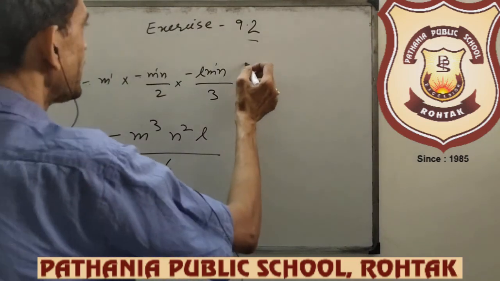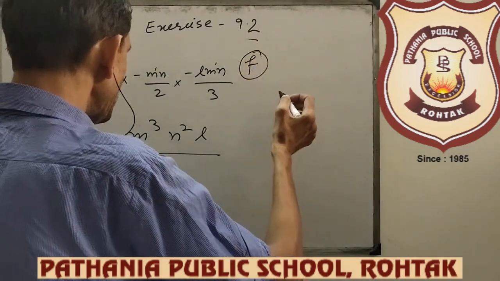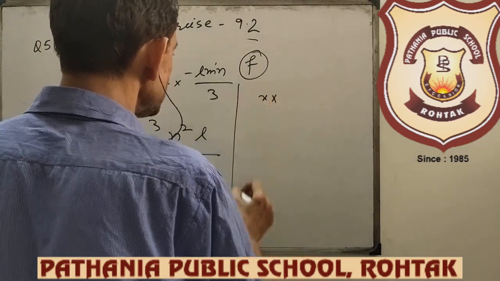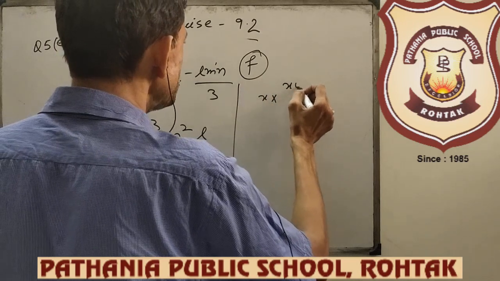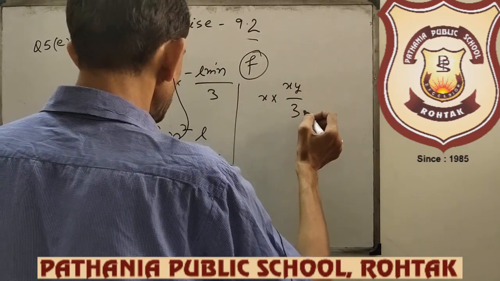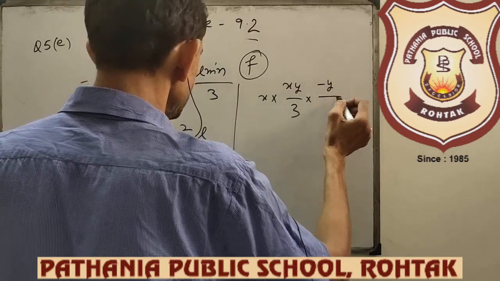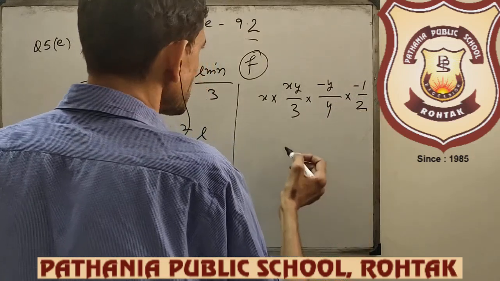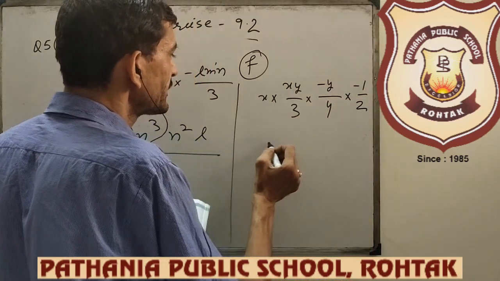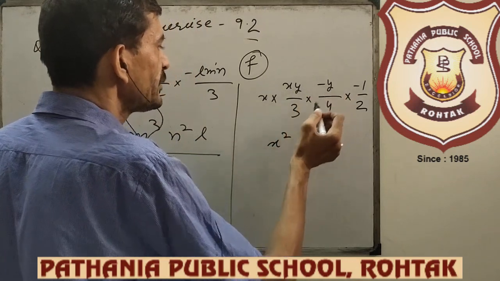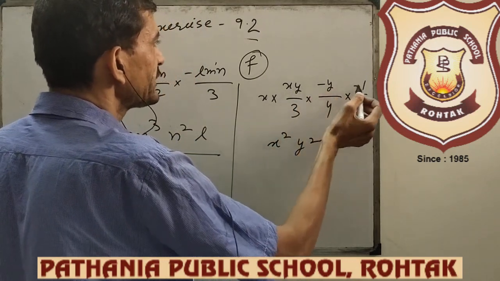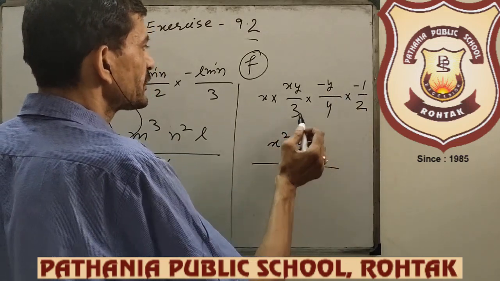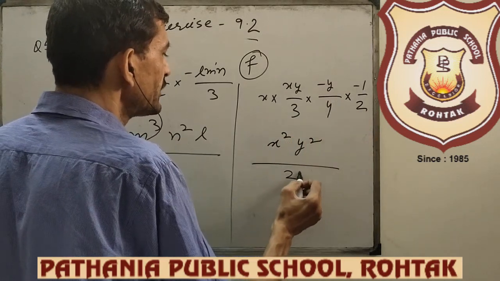F part is also I want to solve. What is in F part? Multiply x into xy by 3 into minus y by 4 into minus 1 by 2. तो multiply these, x into x, x square, y into y, y square, minus into minus plus, no need to write plus, 1 कोई ज़रूरत नहीं है, 3 4 जा 12, 12 2 जा 24.